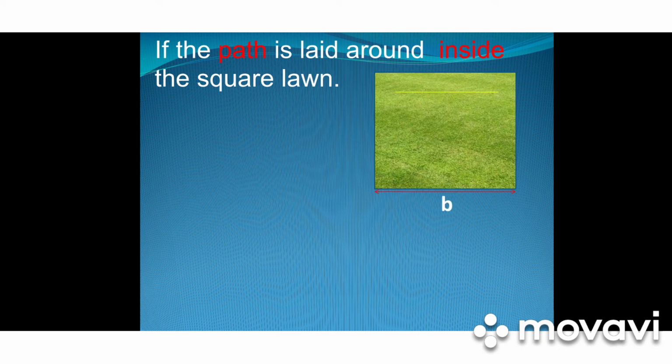You can see here the yellow color lines are making your inner square, which creates a path in your square lawn only. If the width taken by you in your land is W, then what happens?